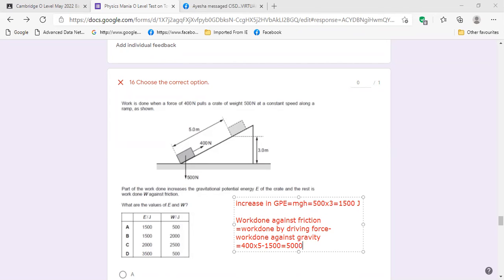Okay, that is 500 joules. So W is the work done against friction, and E is the increase in GPE. That means work done against gravity. So here mg altogether it is 500 and h is 3, so it's coming 1500 joules.